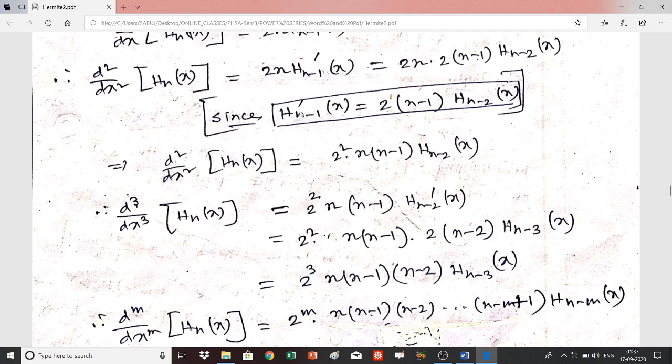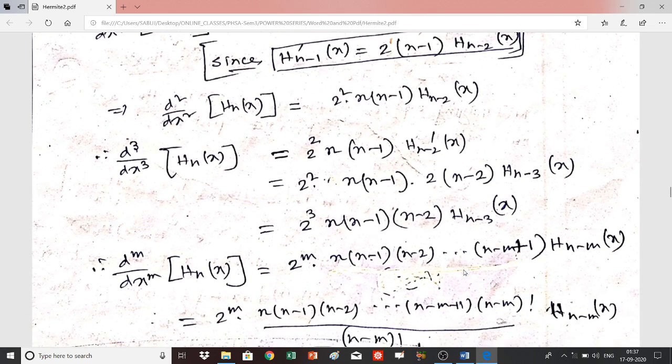Just replace n by n minus 1 in this relation, then you will get the value of Hn minus 2 prime (x), that is 2(n minus 2) Hn minus 3(x). I have written the value from this relation, where n is replaced by n minus 1. So this will give you 2² and another 2, so 2³ n(n minus 1)(n minus 2) Hn minus 3(x).